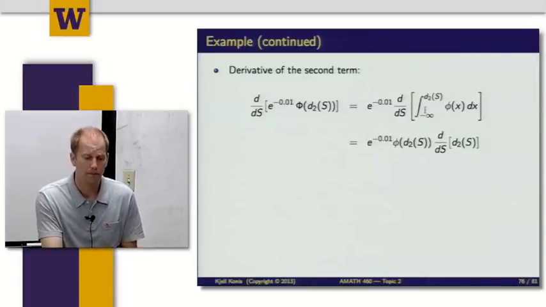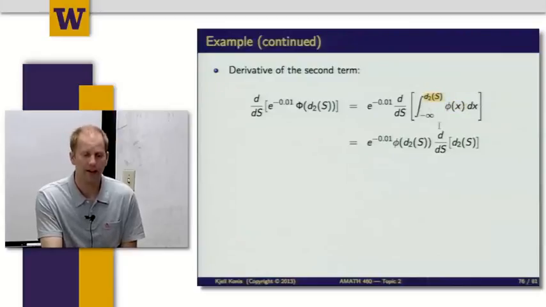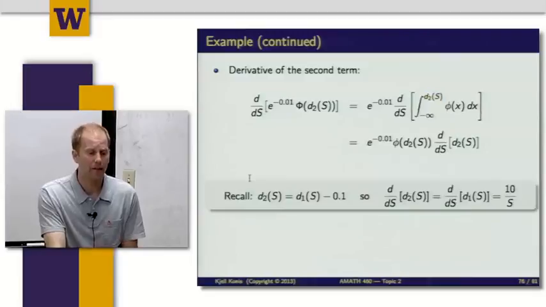And so I'm going to use my improper integral rule again. So that's just going to be phi evaluated at the upper endpoint. And then by the chain rule, I need to multiply that by the derivative of d2 of s. And so remember, d2 of s was just equal to d1 of s minus 0.1.